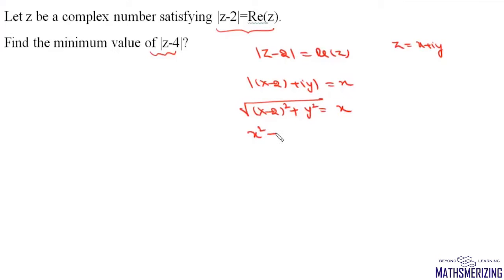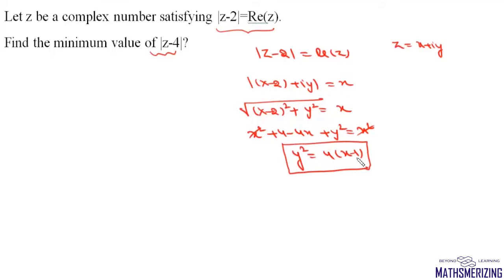So we can write x square plus 4 minus 4x plus y square equals x square. So we write this equation as y square equals 4 times x minus 1. So basically z lies on this parabola whose focus is at 1, 0. So we'll draw this parabola.